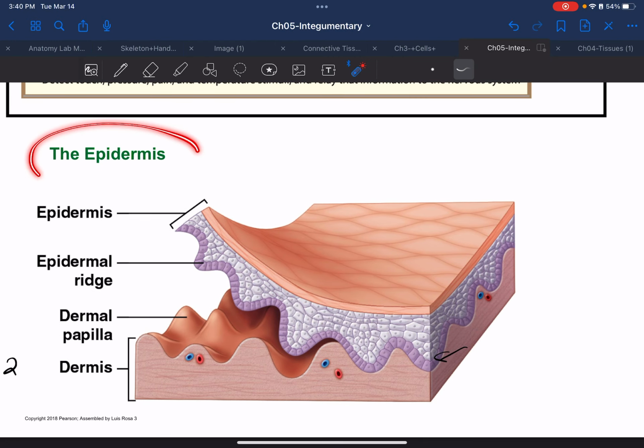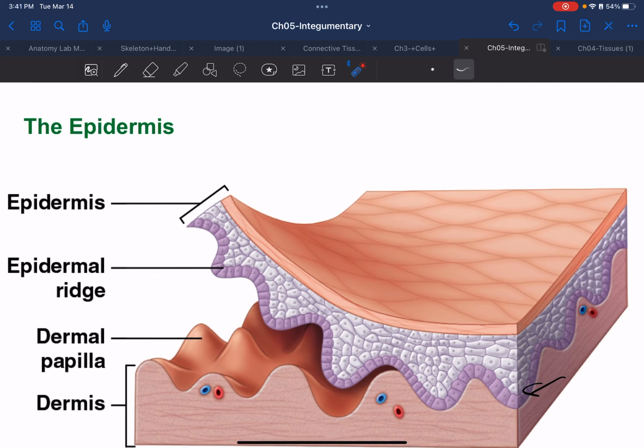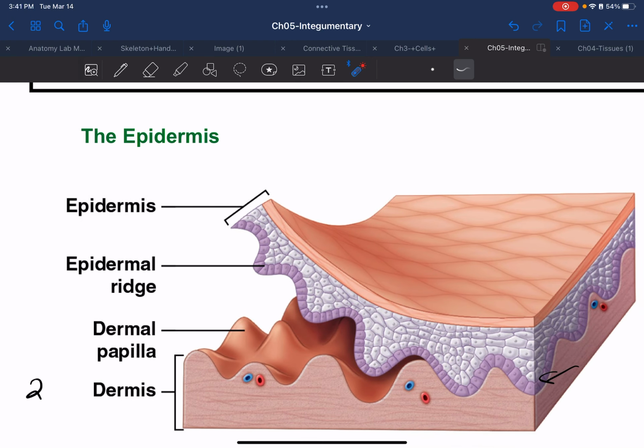And so starting with the epidermis, it's going to be the most superficial layer. You can always define it by those little roller coasters that you can see on our little cake. And so there's a term for the base, the cell layer right above the basement membrane. The first layer that you encounter that is in contact with the dermis is called an epidermal ridge.